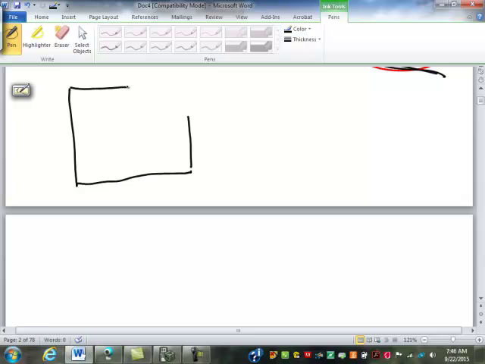Now let's give you one that goes the other way. How would we find the area of this? Okay, what's that going to be? 18 minus 12 is going to be 6 inches, okay.